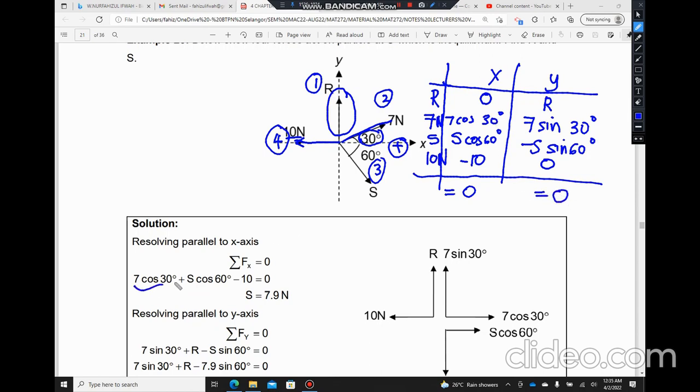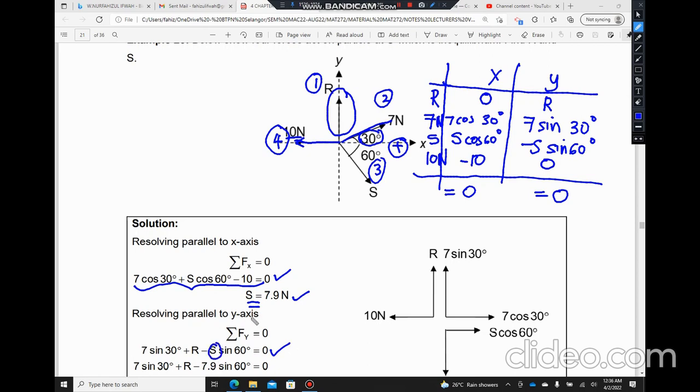So tengok solution dekat sini. Okay, so for X 0 plus 7 cos 30 plus S cos 60 minus 10, so equals to 0. So you can solve for S, which is S equals to 7.9 Newton. And then untuk Y 7 sin 30 plus R minus S sin 60, so then 0, so equals to 0.